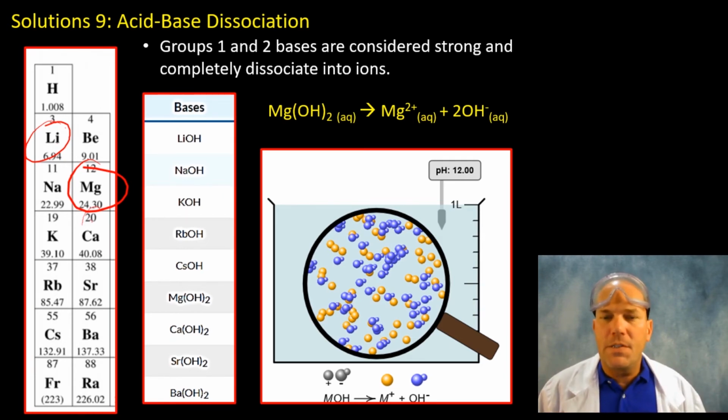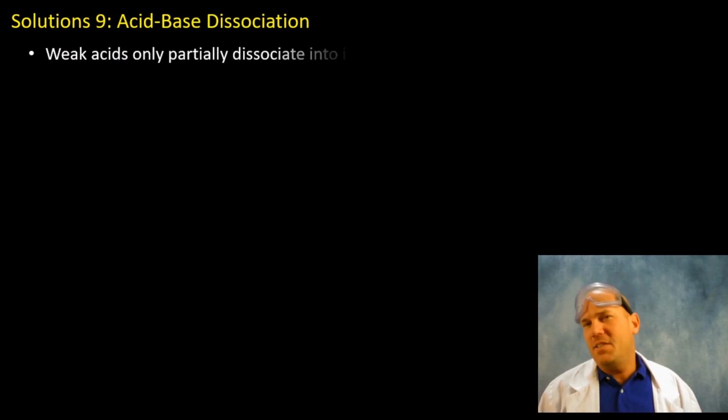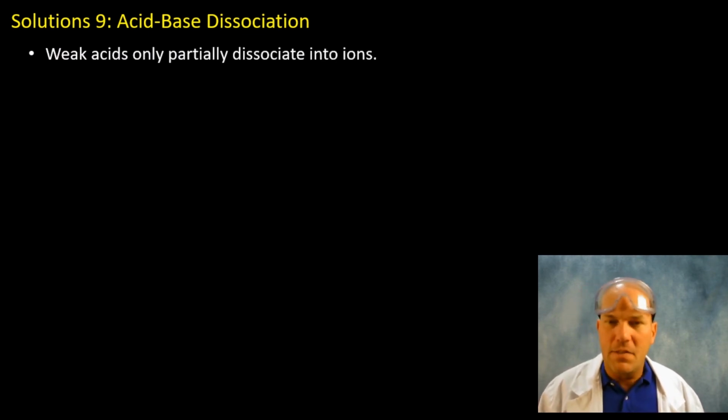We can look at our schematic. We have a high pH of 12. That is due to the presence of all the hydroxide anions in the solution. Weak acids will only partially dissociate into ions.